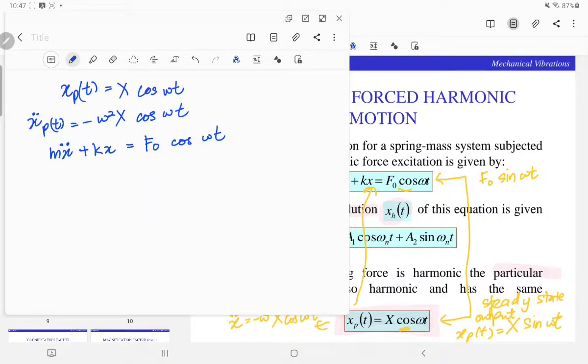Okay, so this is the particular solution. If you get the second derivative, you get this expression, and you need to substitute it into this equation. If you do that, you are going to have mx cos omega t plus your k.